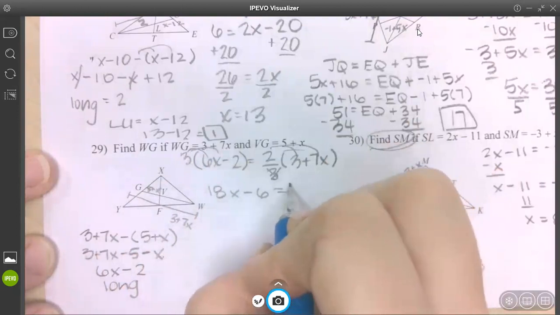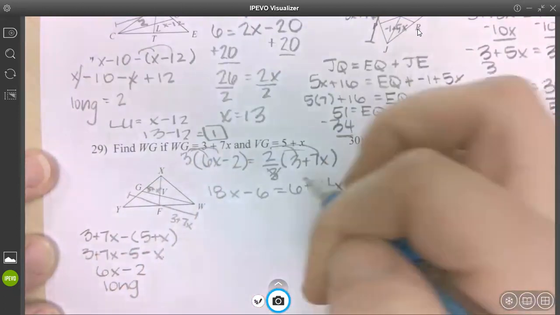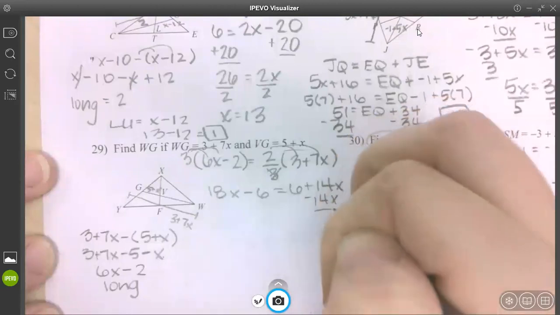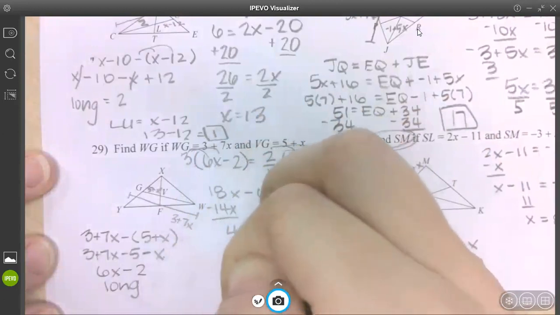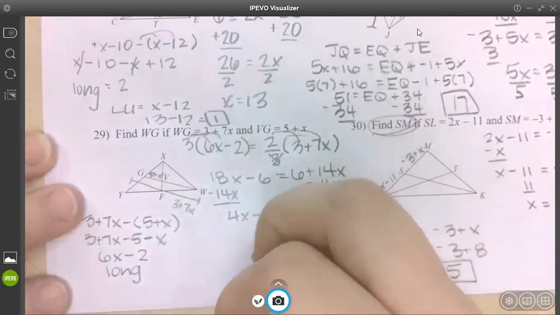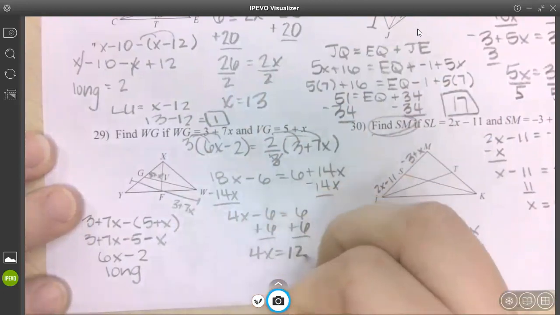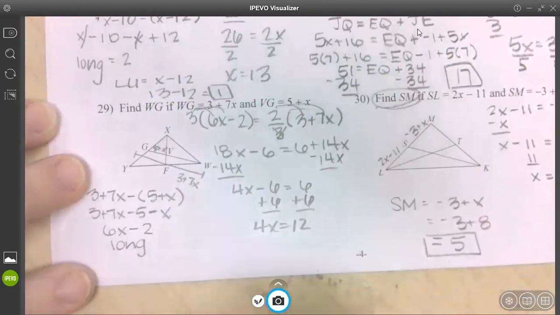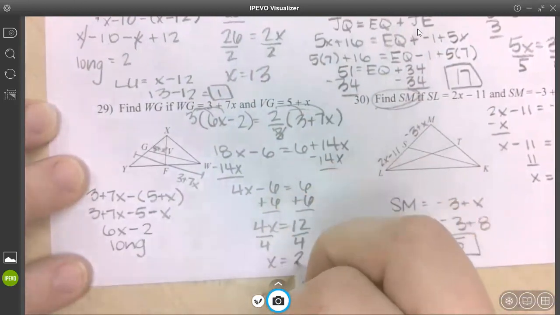Distribute your 2, and you get 6 plus 14x. We're going to subtract our 14x. And we get 4x minus 6 equals 6. We're going to add 6, and we get 4x equals 12. And then we're going to divide by 4. And it gives us that x equals 3.